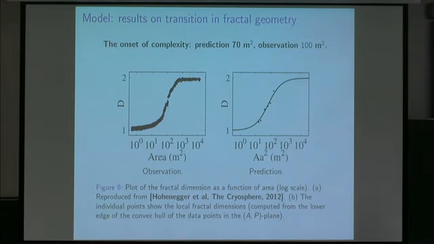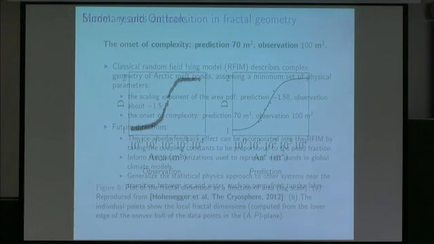You can see these two transition curves agree not only in the center of the transition, but also in the width over which the transition occurs, which is about 2 orders of magnitude. So this width is also reproduced really well between the observation and the prediction, right? So we have presented 2 pieces of evidence that the model works really well.